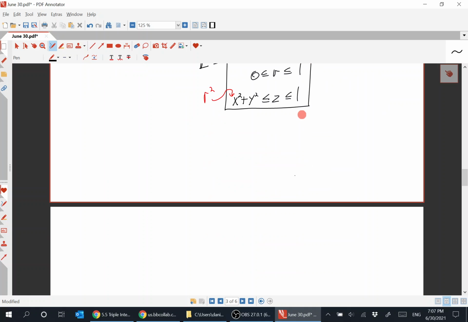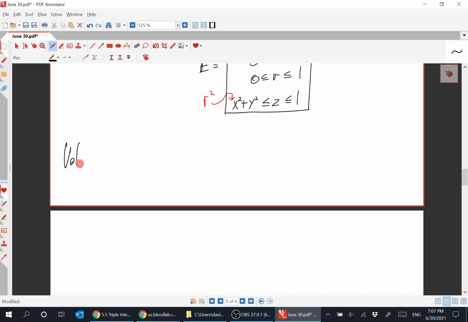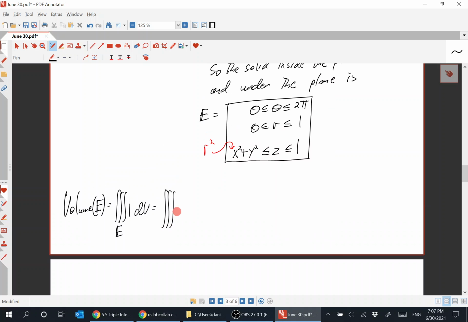So the volume of E is the triple integral over E of 1 dV, which we would do in cylindrical coordinates. So r squared to 1, 0 to 1, 0 to 2 pi, dz r dr d theta.